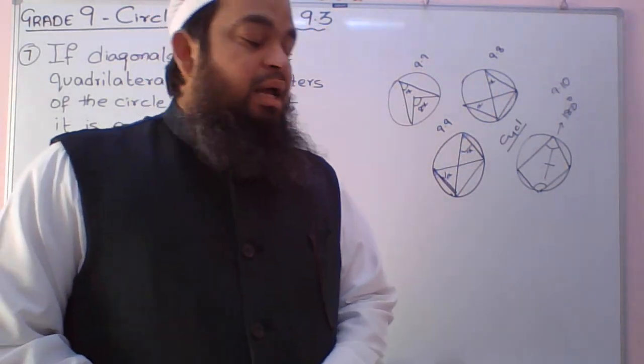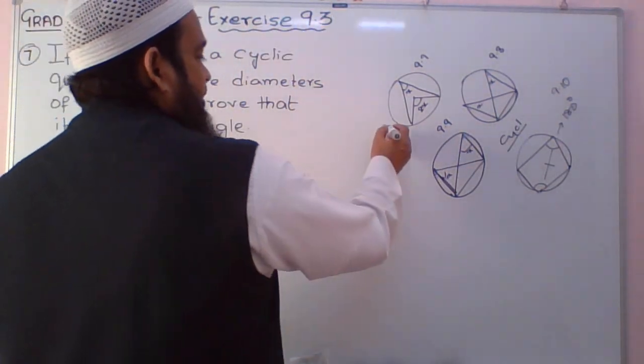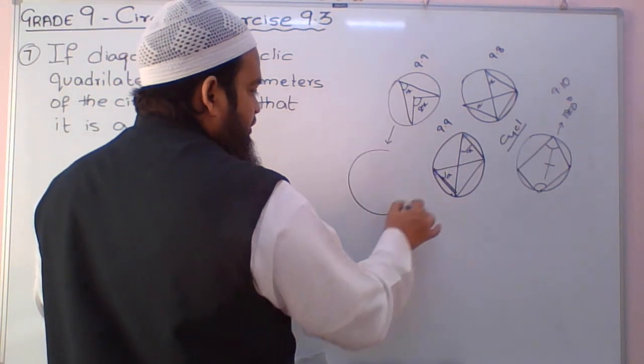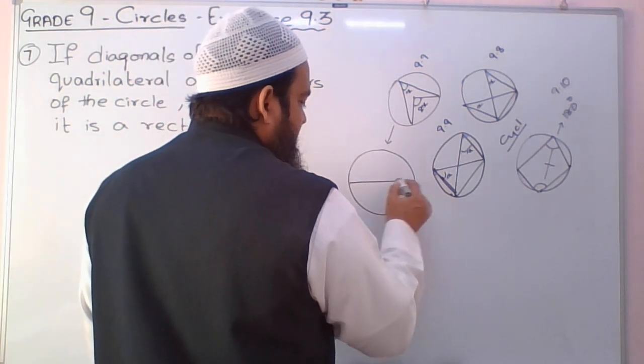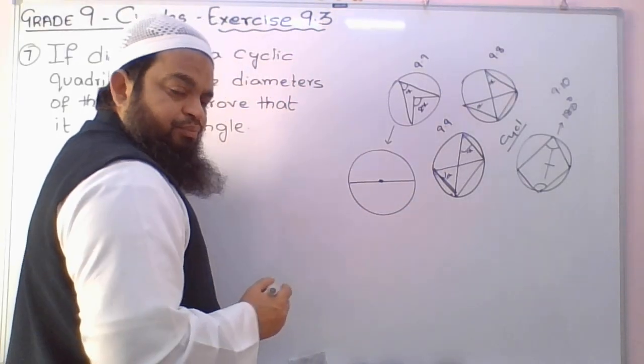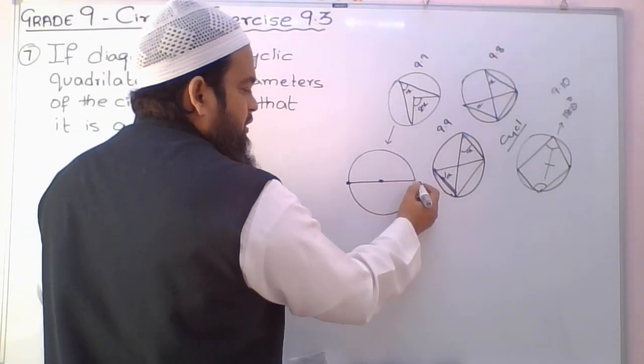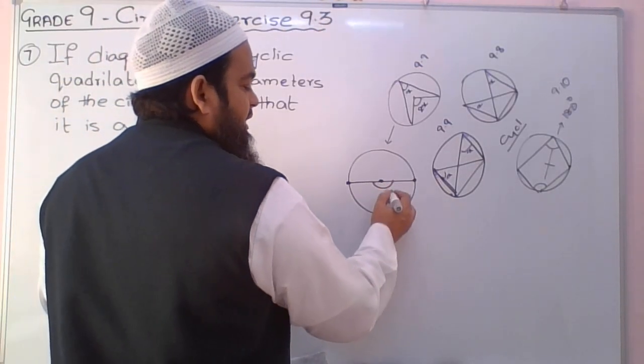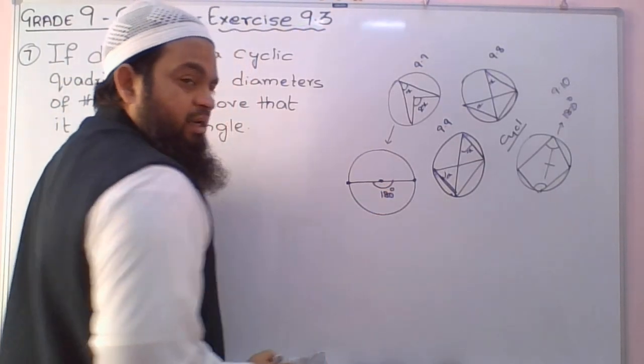Along with this, from 9.7 we have discussed in the class that suppose I have taken a circle and this is a diameter, and these 2 points are the ends of the diameter. So what is the angle subtended at the center? It is 180 degrees.